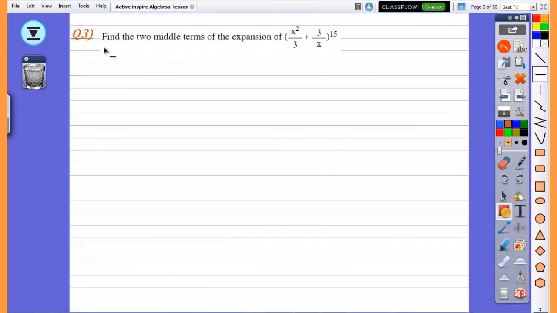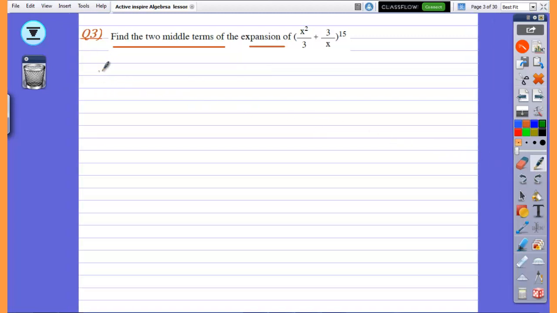Question 3. Find the two middle terms of the expansion (x squared over 3 plus 3 over x) power 15. Solution. Here we have n equals 15. So the number of terms equals 15 plus 1, which equals 16.